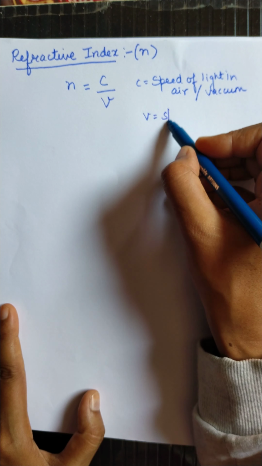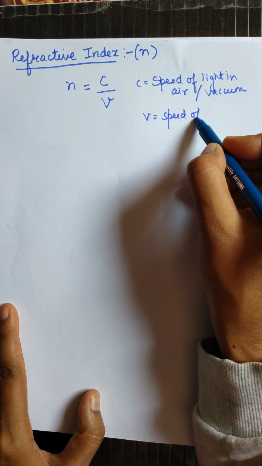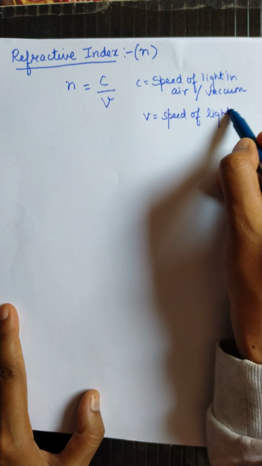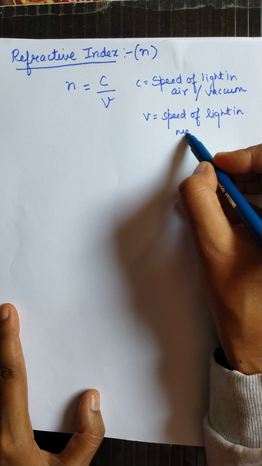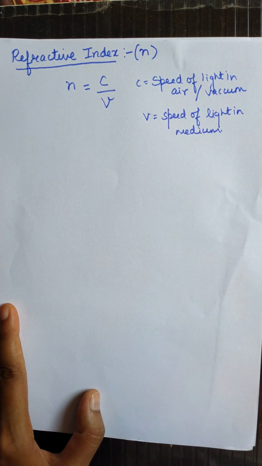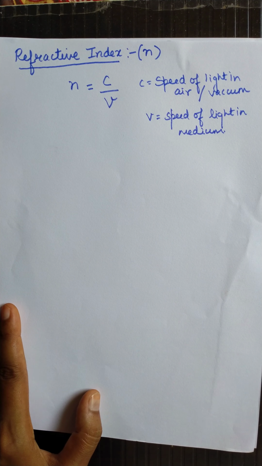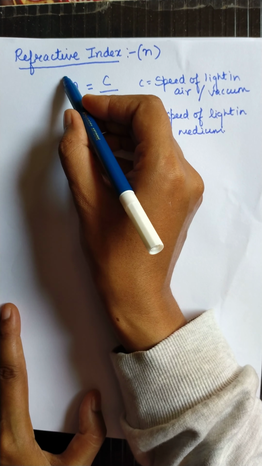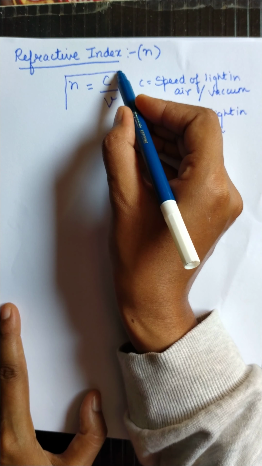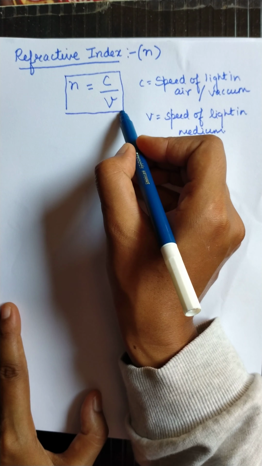V is equal to the speed of light in the medium. So what is the refractive index? It is the ratio of the speed of light in air or vacuum to the speed of light in any medium.